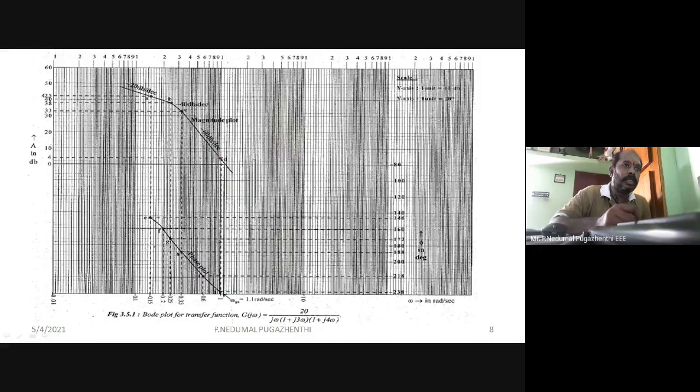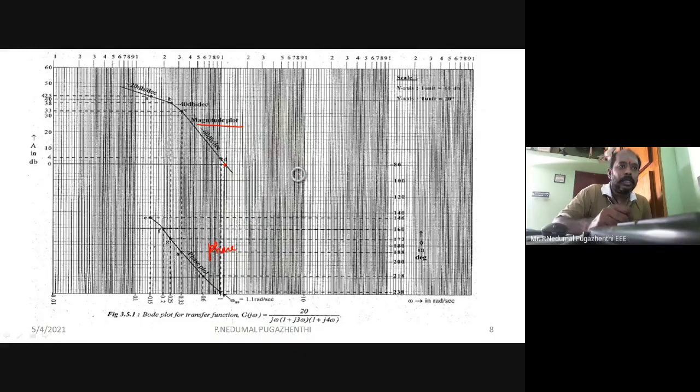So here you can see that the 0 decibel line is crossing at this point. This is your magnitude plot and this is your phase plot.